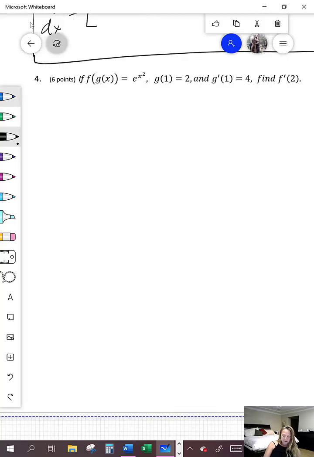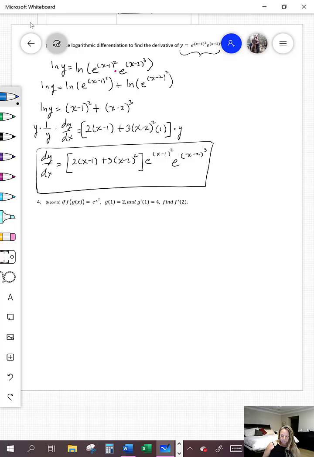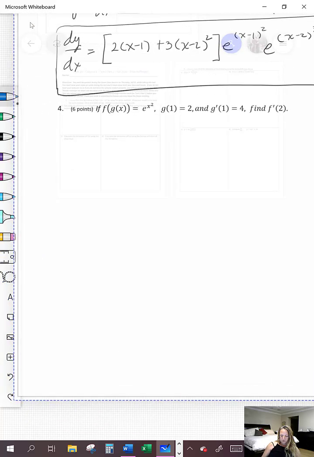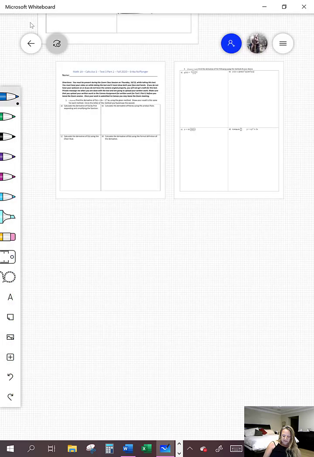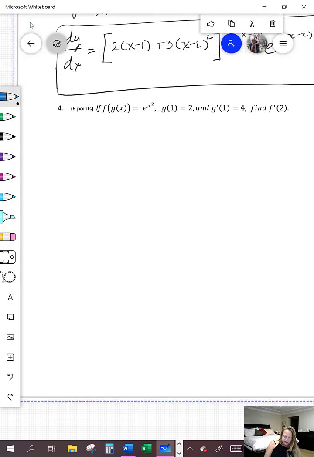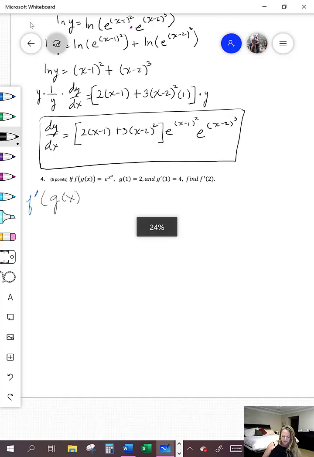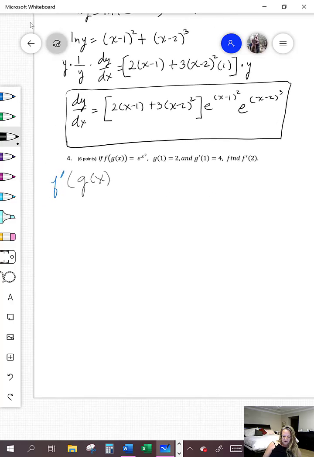And so when we use the chain rule there, the derivative of the outer function, which is f, will give us f prime of the inner function, which is g of x, all times the derivative of the inner function, which is g prime of x.